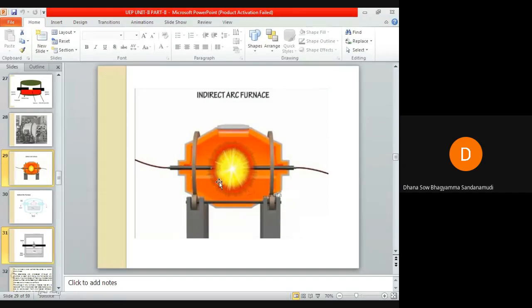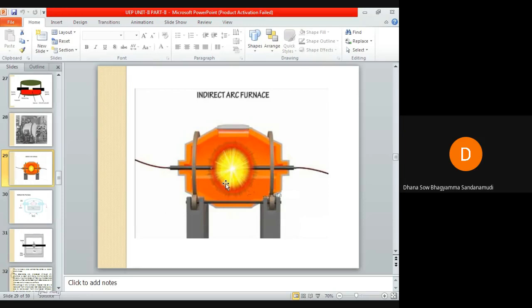Initially, these electrodes will be in contact with each other, similar to circuit breaker contacts. As soon as these contacts separate, an arc is struck between the two electrodes. This is not the case with the direct arc furnace, but in the indirect arc furnace, the contacts are initially together, and when they move apart, an arc is struck.